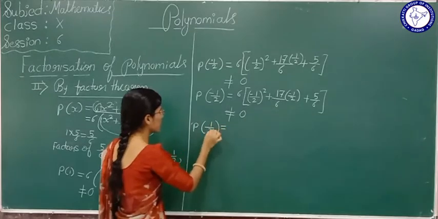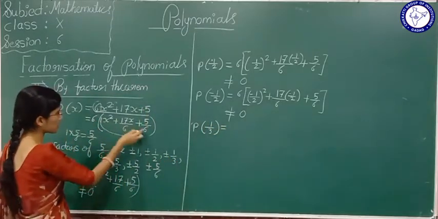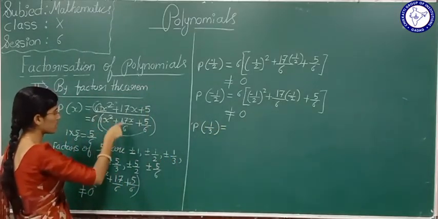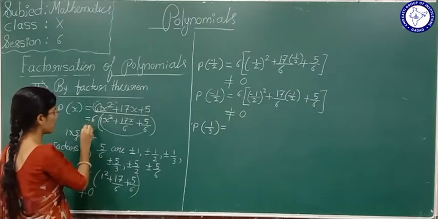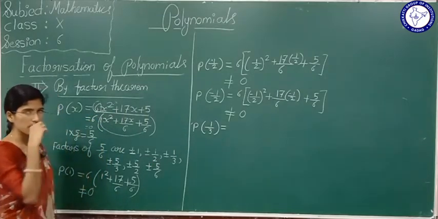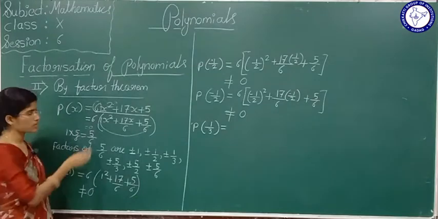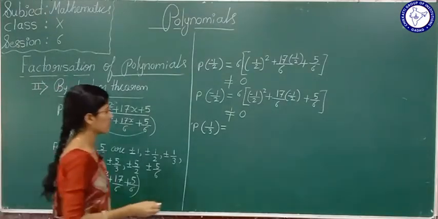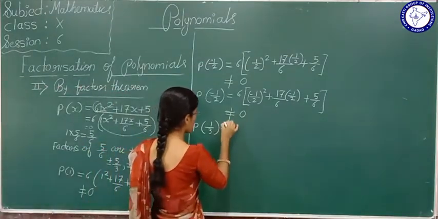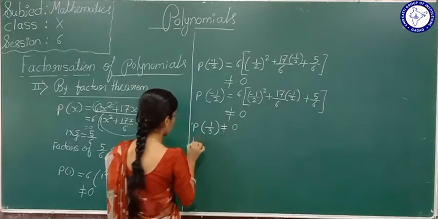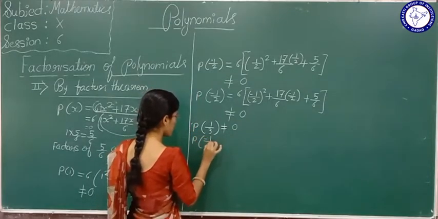See, if we put 1 by 3 here, is it possible this polynomial value is going to be 0? Is it possible? No. P of 1 by 3 is also not equal to 0. Go for p of minus 1 by 3.